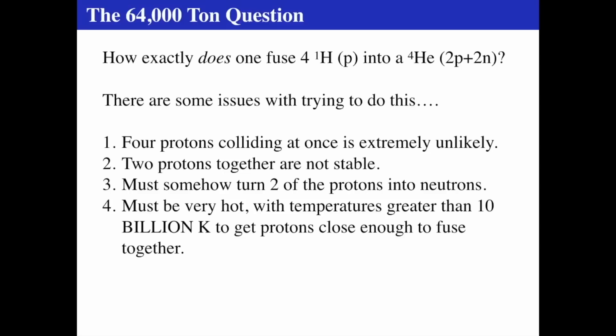Well, actually 4 aspects to this. And so how do you fuse 4 hydrogen nuclei into a helium nucleus? And that notation that we see at the top there, the hydrogen nucleus, when we say 1 to the upper left, that means how many total particles there are in the nucleus. And then 1H means it's just a proton.